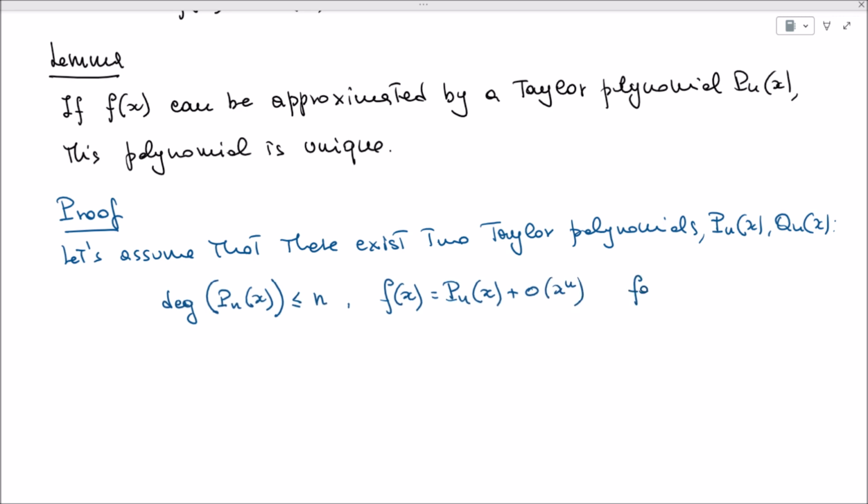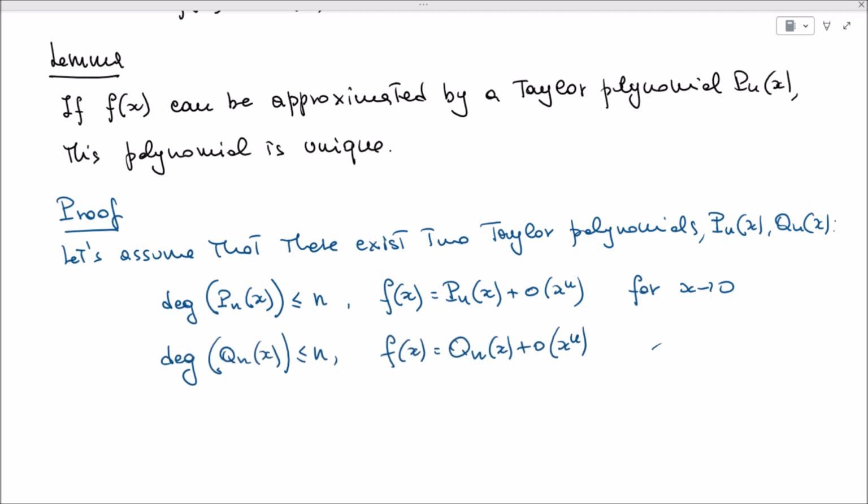Of course, this is true for x that goes to 0. The same thing can be said also for Qn of x. So the degree of Qn of x should be less than or equal to n, and f of x can be expressed as Qn of x plus little o of x to the n for x that goes to 0. Good, so we have these two properties.